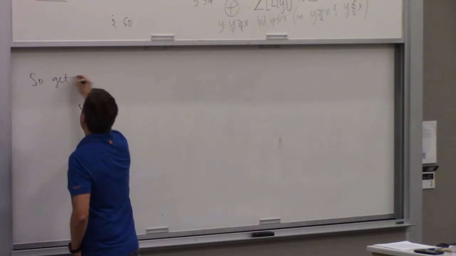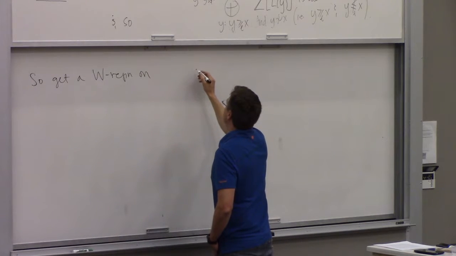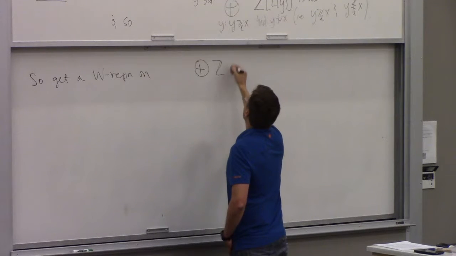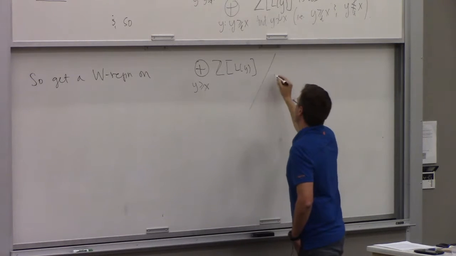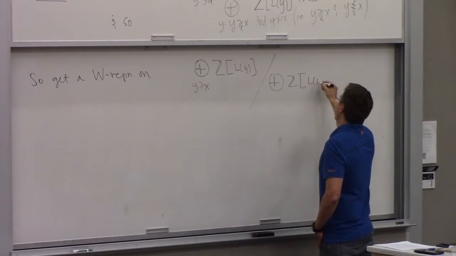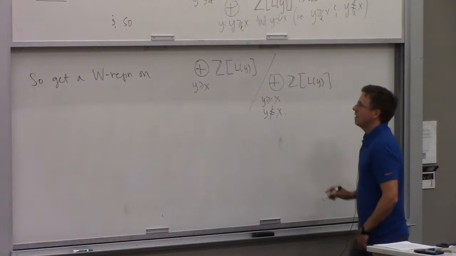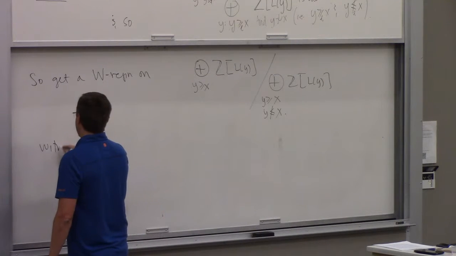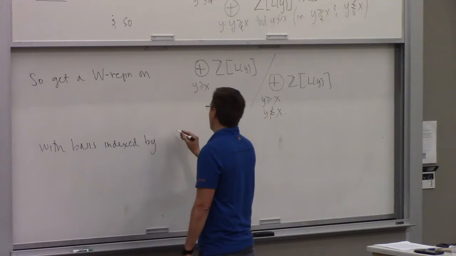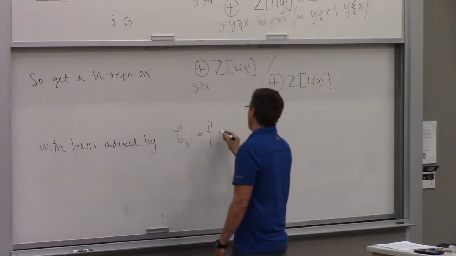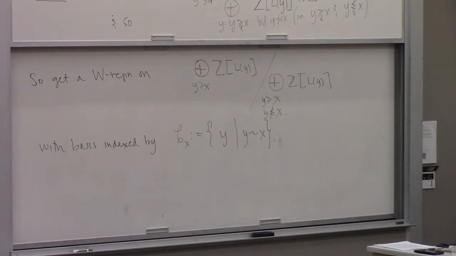So I get a W representation on this quotient, with a basis indexed by, say, C of x, which is defined to be the y such that y is equivalent to x.